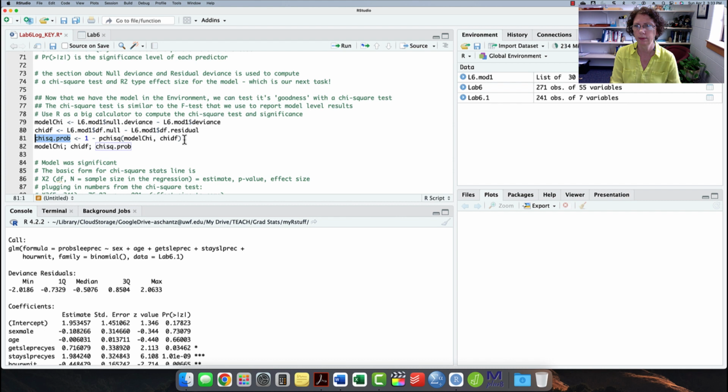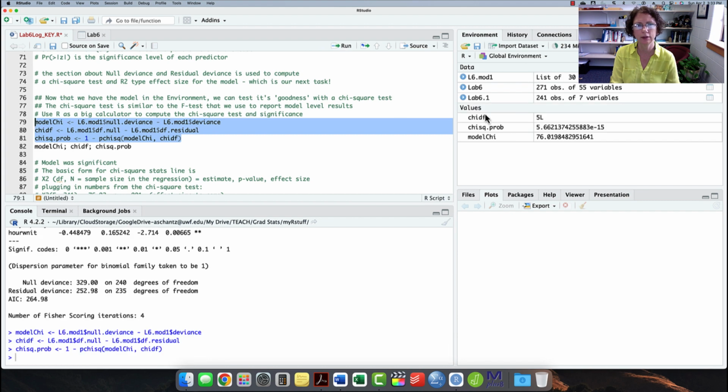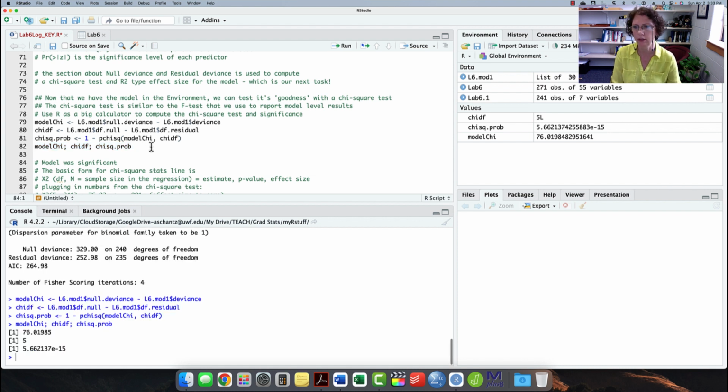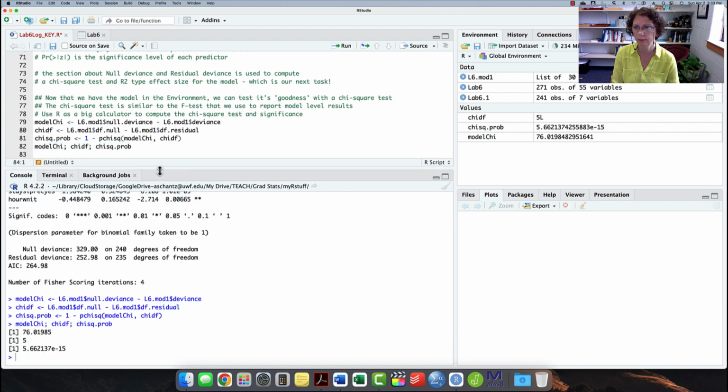So running those three, we're going to place 3 new values here in the environment: the chi-square estimate, the chi-square degrees of freedom, and the chi-square probability or significance level. And then this line of code, where I list them out with a semicolon between them, just prints them down in the console, down here.